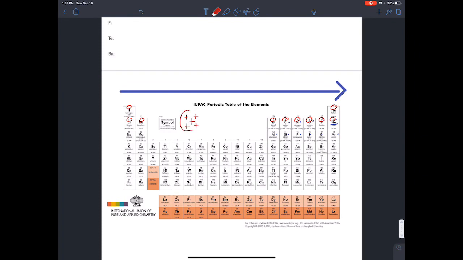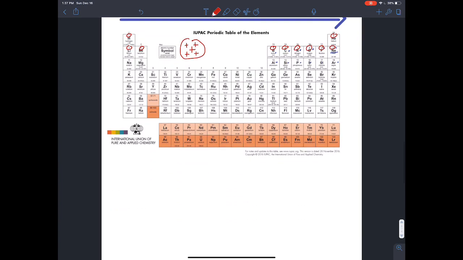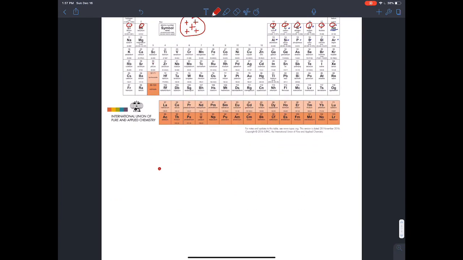And that increasing positive charge in the nucleus is going to have an effect on the valence electrons. The stronger the nucleus is, so if this is your nucleus and you have your energy levels, say we're in the 3rd energy level, the more positive and stronger this nucleus becomes, the more it's going to pull these outer electrons toward itself.